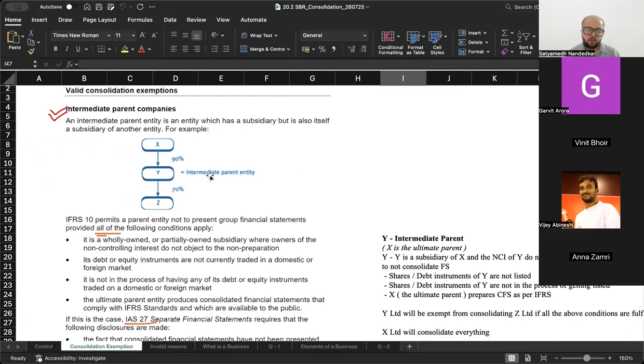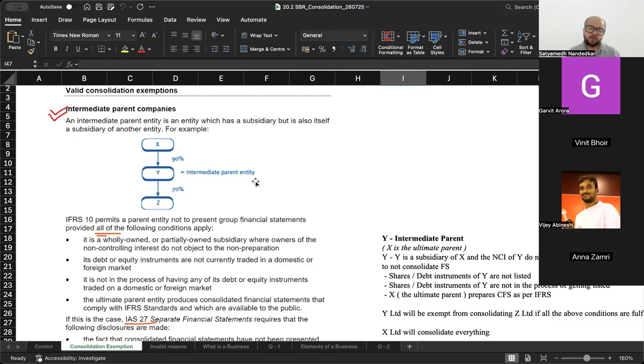It is a wholly owned or partially owned subsidiary where owners of the non-controlling interest do not object to non-preparation. So in Y Limited, X Limited holds 90%. That means the remaining 10% is held by non-controlling interest, and these non-controlling shareholders do not object to the fact that Y company will not prepare its set of consolidated financial statements.